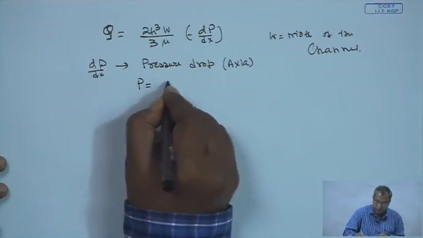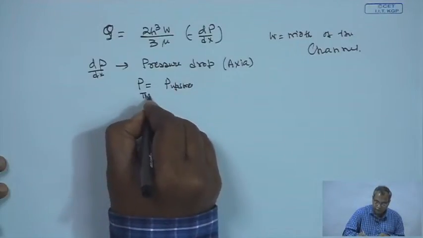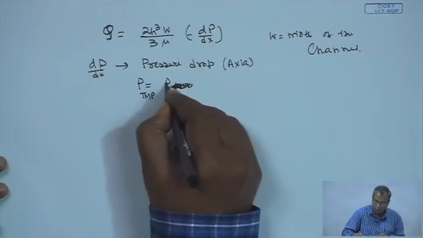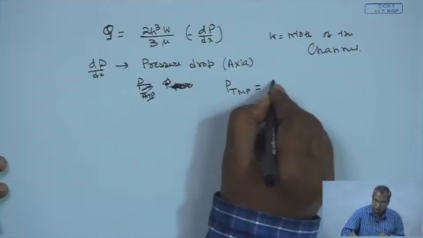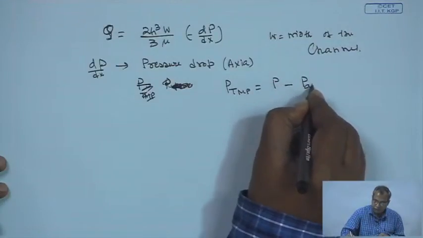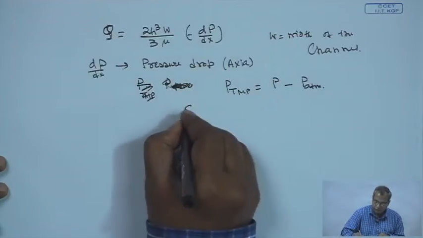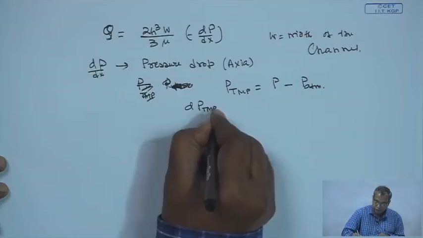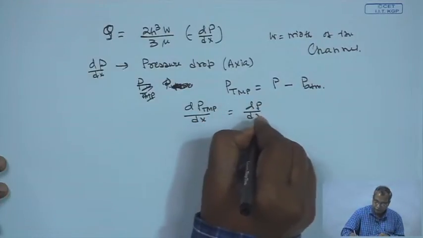This P can be written as P upstream. So, what is the transmembrane pressure drop? The transmembrane pressure drop P TMP is nothing but P on the feed side minus P on the permeate side, which is the atmospheric pressure. So, d of transmembrane pressure drop dx will be nothing but dP dx, because P atmosphere is constant.